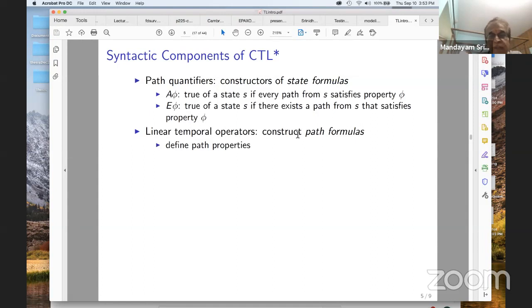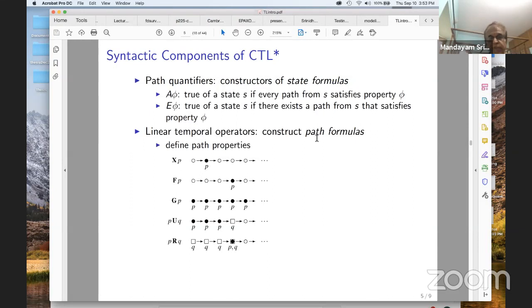And these operators construct path formulas that define path properties. So informally, these operators take as an argument another path formula. So they are just like in any logic, these are recursively built.